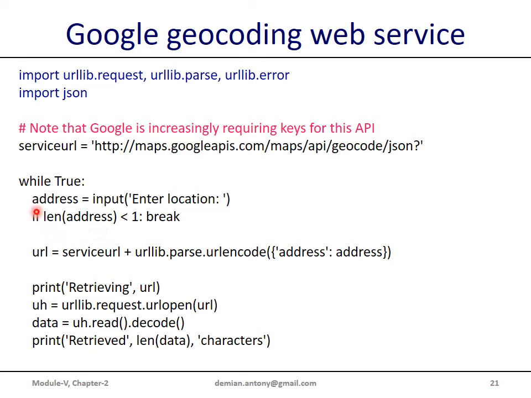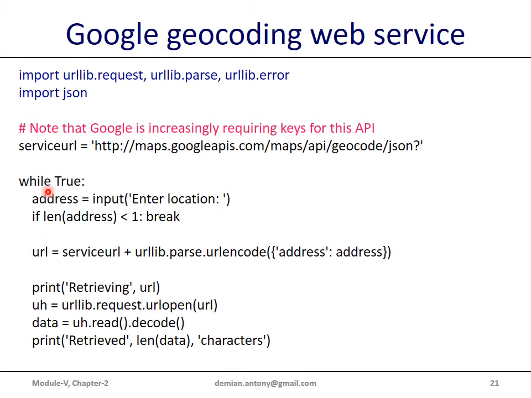And once we enter the search string location, we append this location to a service URL. This is a service URL. The service URL is appended by parsing and encoding the address, and we pass the JSON representation of this location.